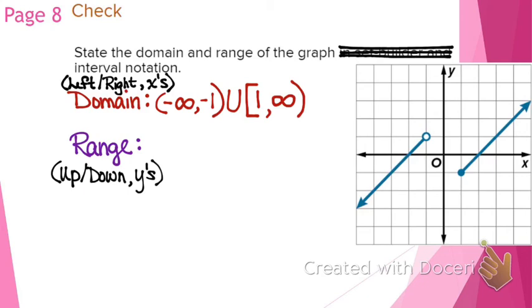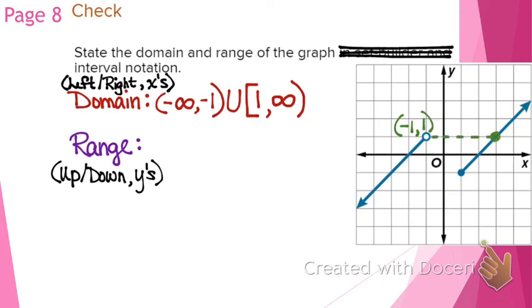Anywhere else on this graph that if I plotted the point, it would have a y part of the ordered pair of 1? Let's look. This ordered pair, -1, 1.